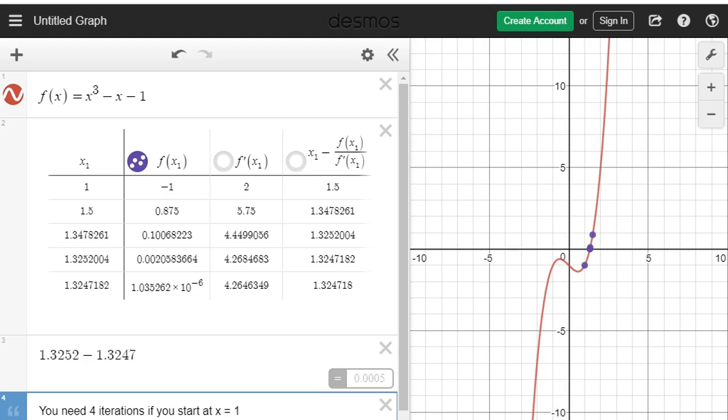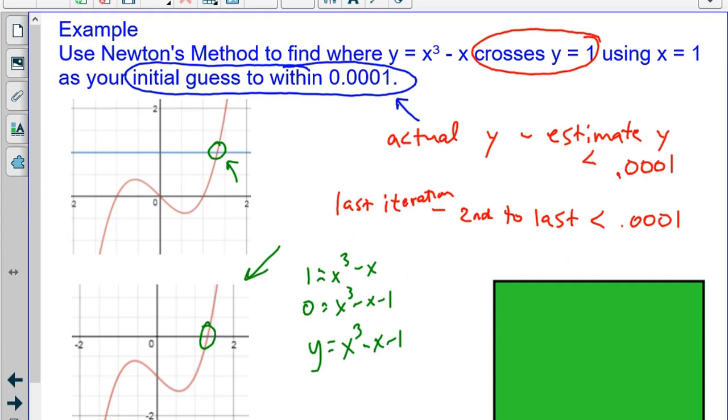So the answer rounded to 4 decimal places, because it says 0.0001, would be 1.3247. So 1.3247 is approximately the x value where we hit 0.